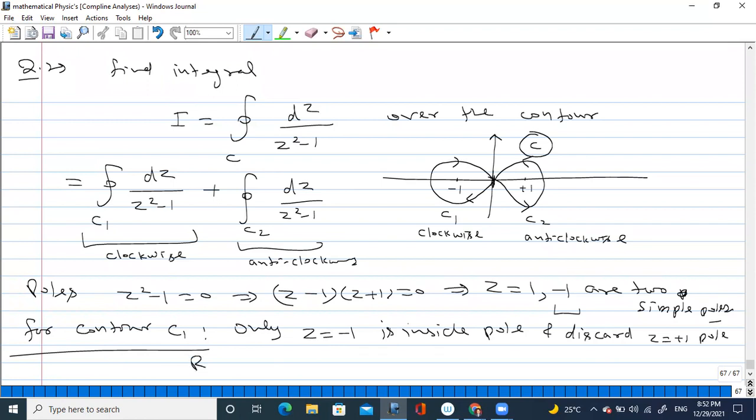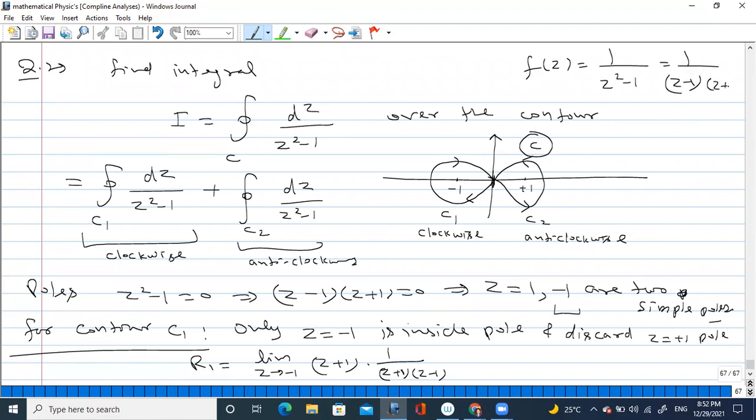Understood? So here the residue will be limit z tending to minus 1 of z minus z0, z minus minus 1, that will become z plus 1 into f(z). f(z) is 1 upon z square minus 1, or I can write 1 upon z plus 1 into z minus 1.